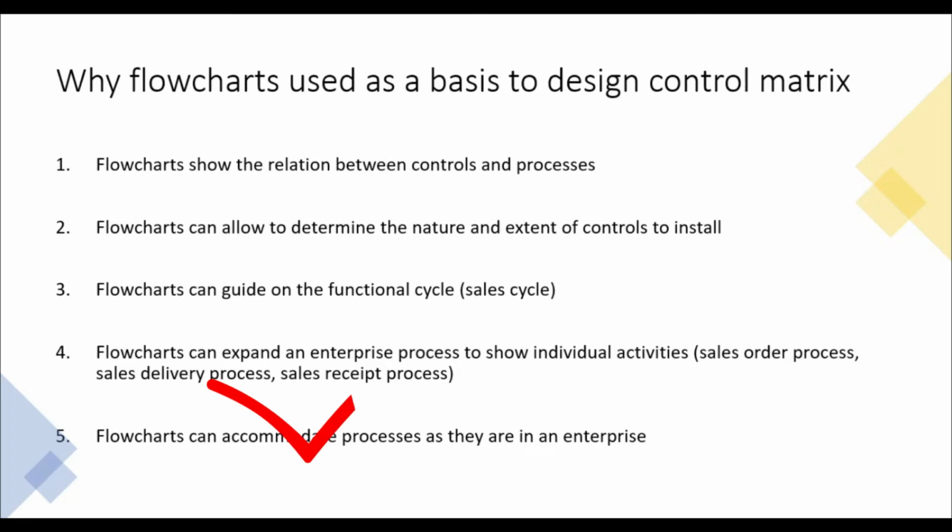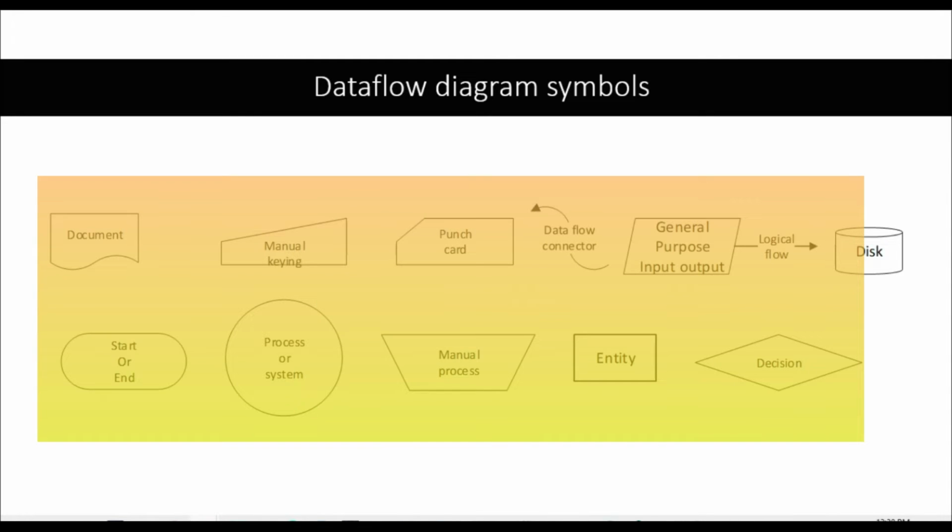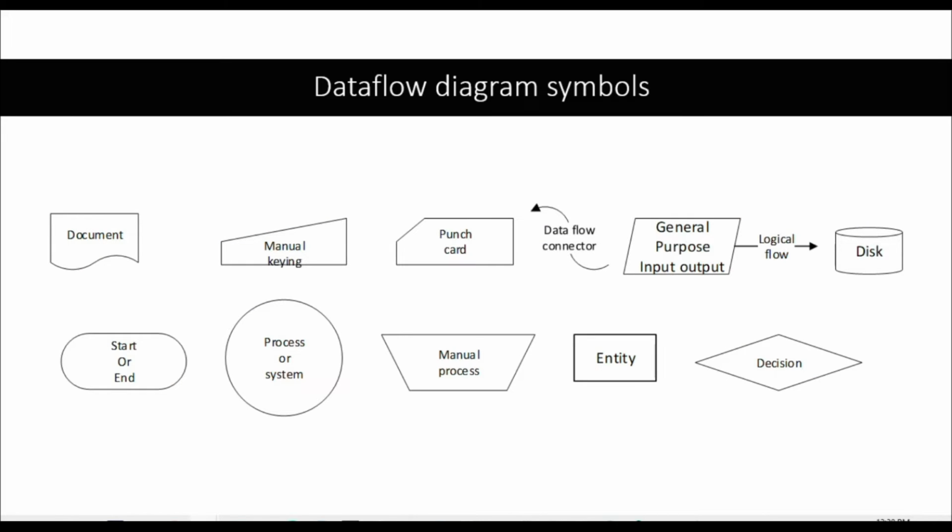A flowchart can accommodate processes as they are in an enterprise and pinpoint some of the deficiencies in controls and some of the strengths in controls. Flowchart and data flow diagram symbols are typically used in drawing flowcharts: for documents, manual key, punch cards, data flows, and connectors.